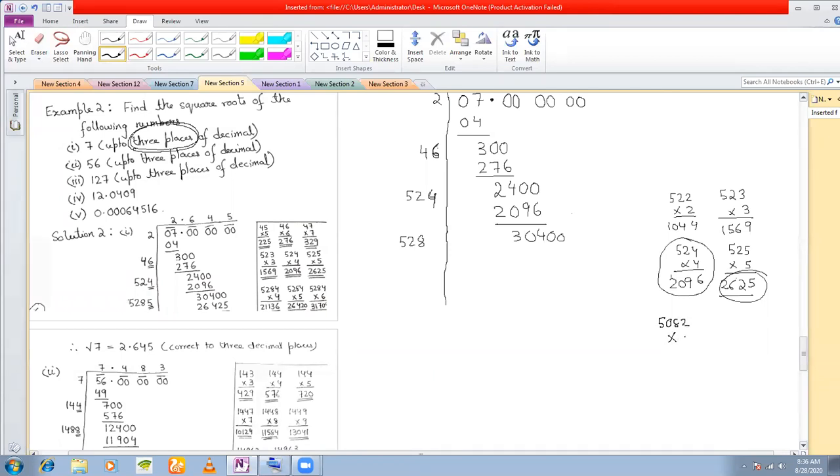So we'll try the digit 2. 5282 into 2 is 10,564, which is way less than 30,400.